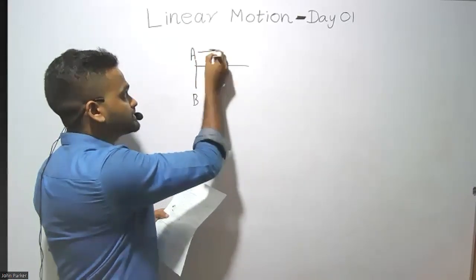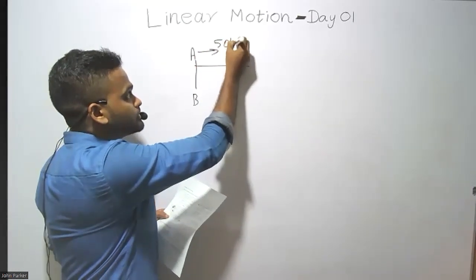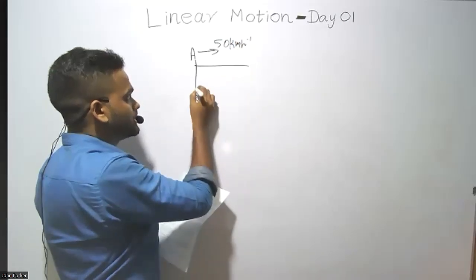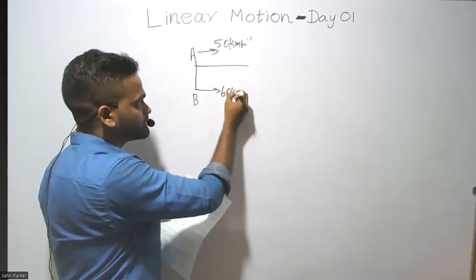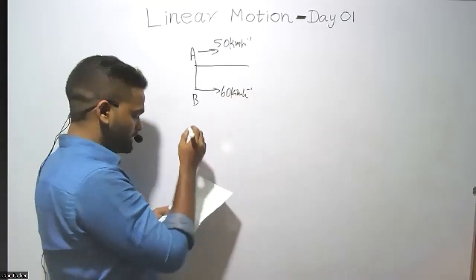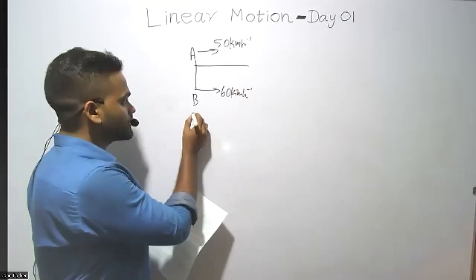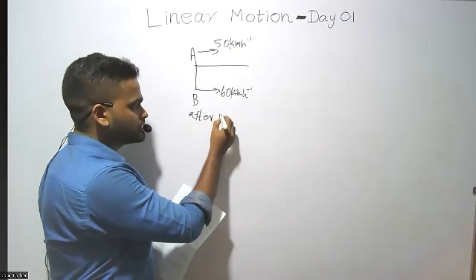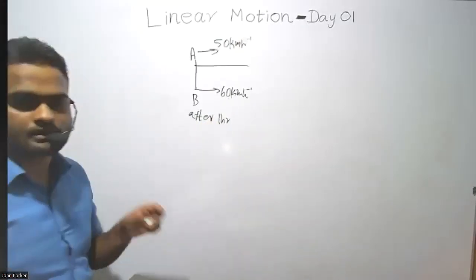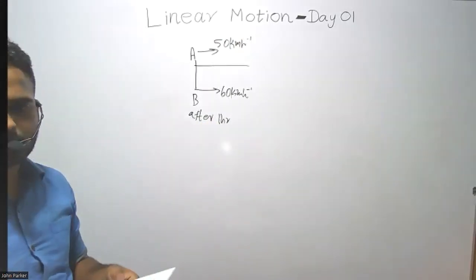Car A has a velocity of 50 kilometers per hour. Car B has 60 kilometers per hour. But car B starts moving after 1 hour.